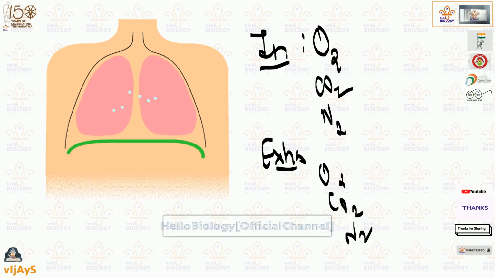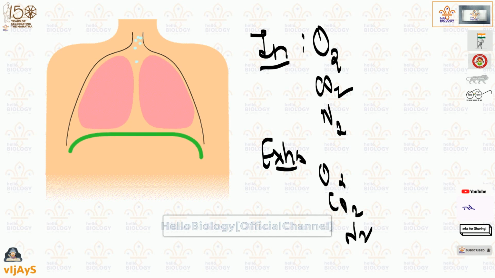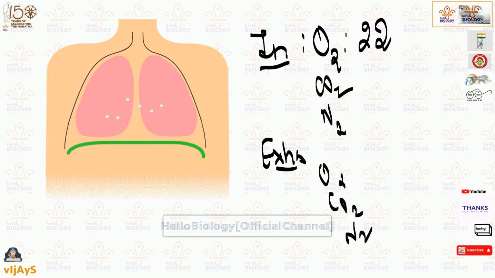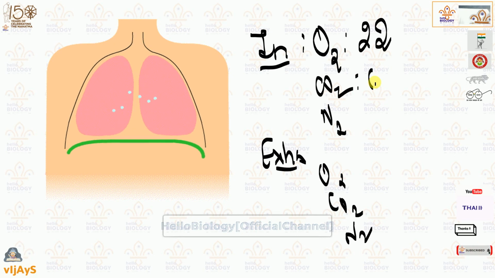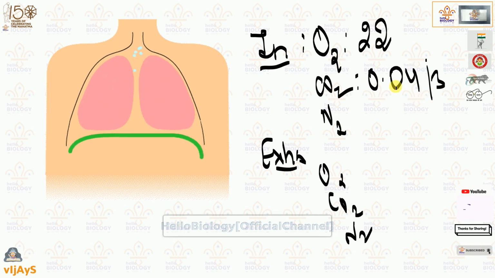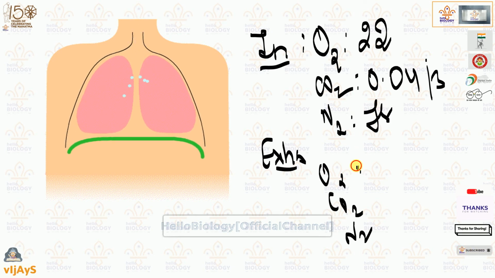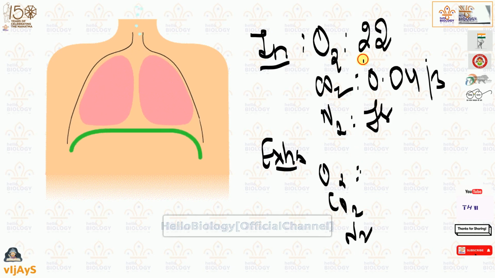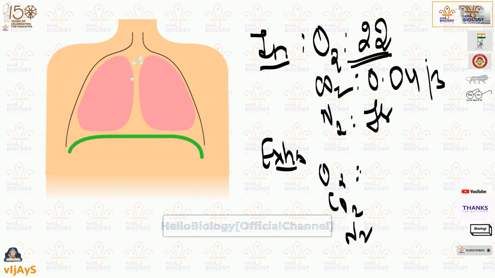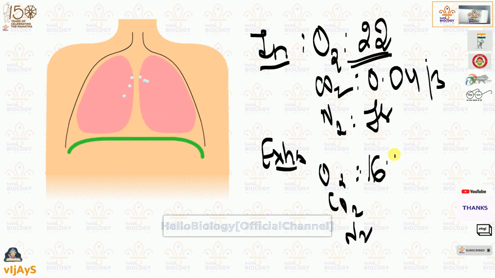During inhalation, when we are breathing, oxygen will be nearly 22%, carbon dioxide 0.04%, and nitrogen 78%. Whereas in exhalation, some oxygen is absorbed in our lungs, so the remaining we send out is 16%.